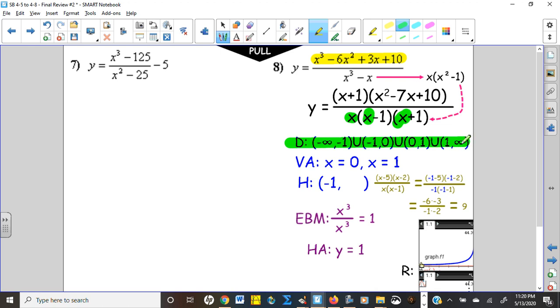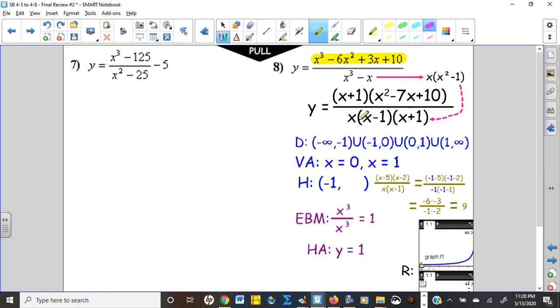I noticed that 2 of those, specifically these 2, the 0 and the 1, do not cancel with any factors above. So that gives me my 2 vertical asymptotes. And then finally I noticed that I have the negative 1, boom, that does cancel. And so that gives me my hole, at least half of my hole.